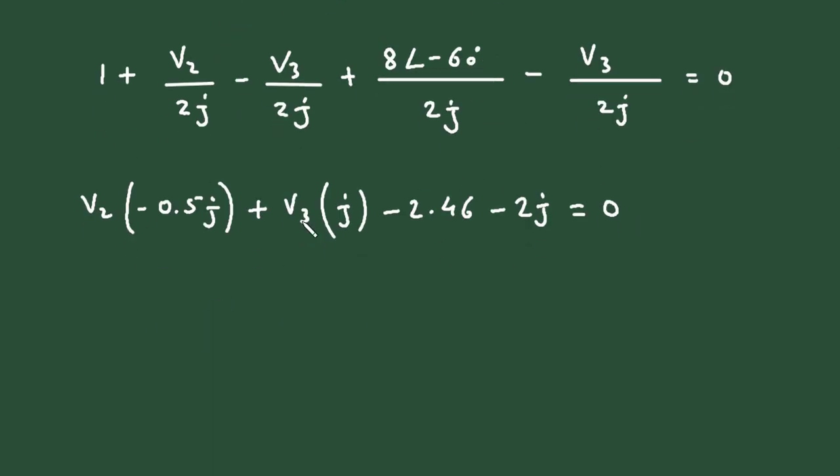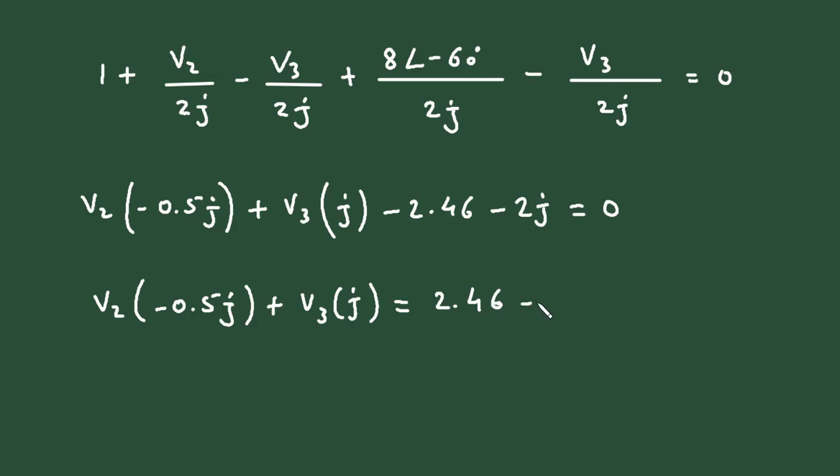So now again if we simplify this further, so it will be V2 minus 0.5 j plus V3 j is equal to 2.46 plus 2j. Now let's say this is equation number 2.